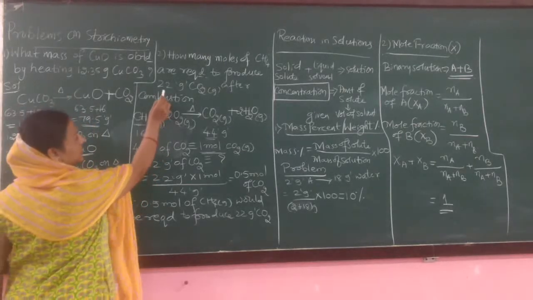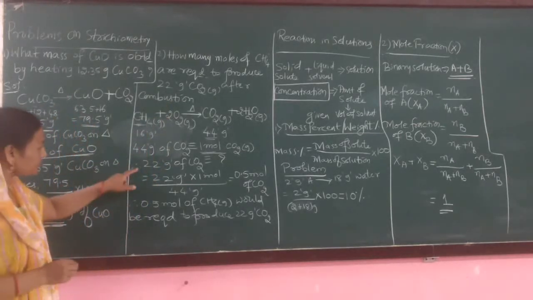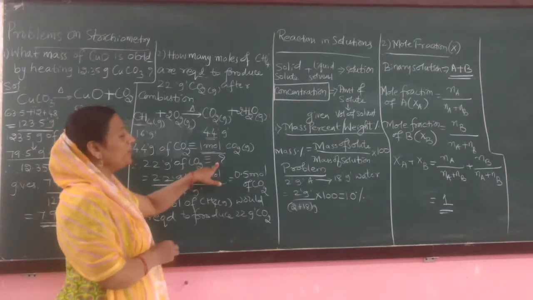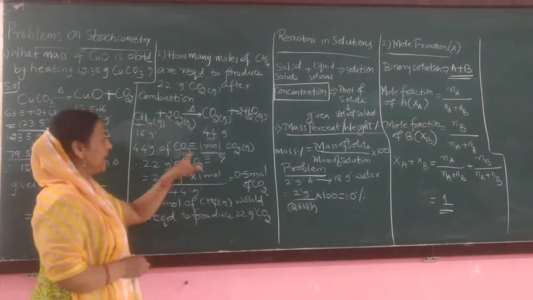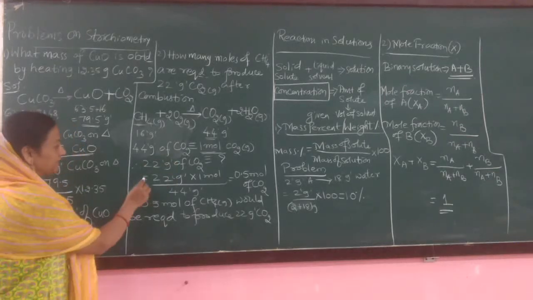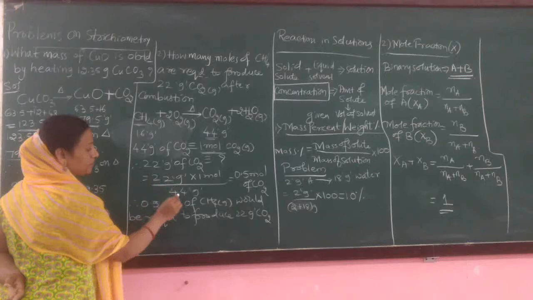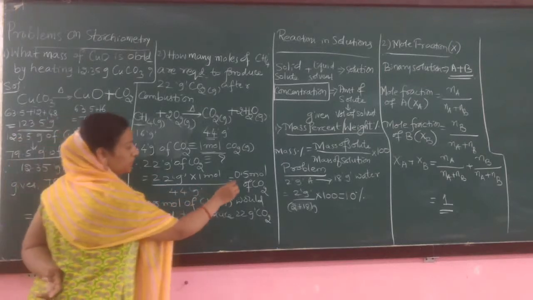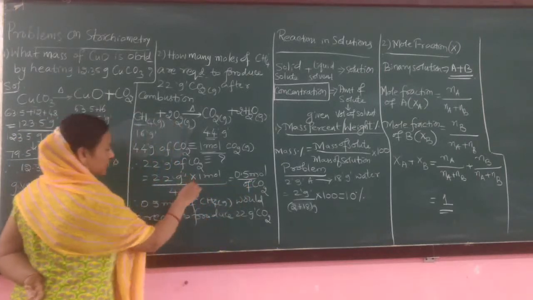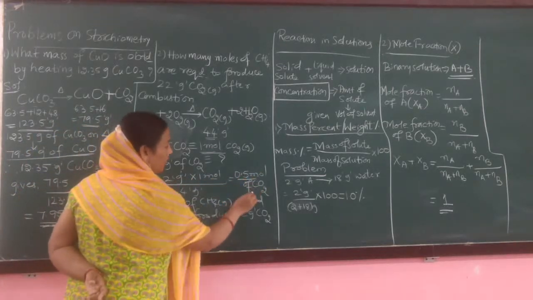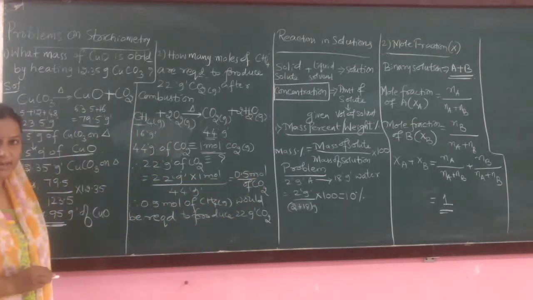Therefore, in the problem it is given as 22 grams of carbon dioxide. How many moles of carbon dioxide does it correspond to? Applying ratio and proportion, it will be 22 into 1 divided by 44. Grams get cancelled, so it will be 0.5 mole of carbon dioxide.